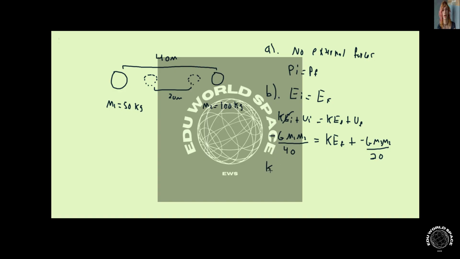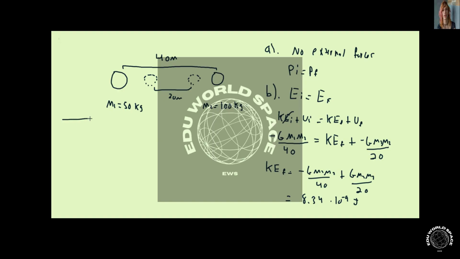So we can get that the total kinetic energy in the end must be negative G m1 m2 over 40, plus G m1 m2 over 20. And so we can evaluate that and we get 8.34 times 10 to the minus 9, so nanojoules. That will then help us figure out what the velocities of them are.